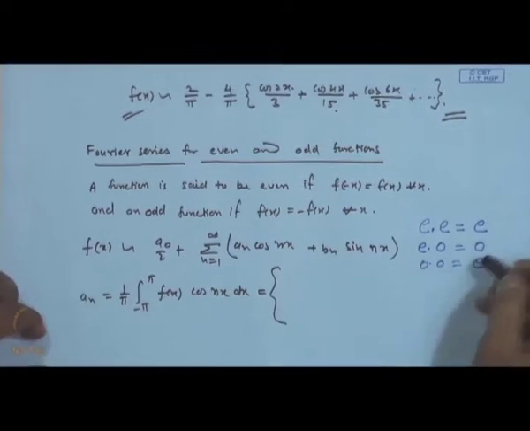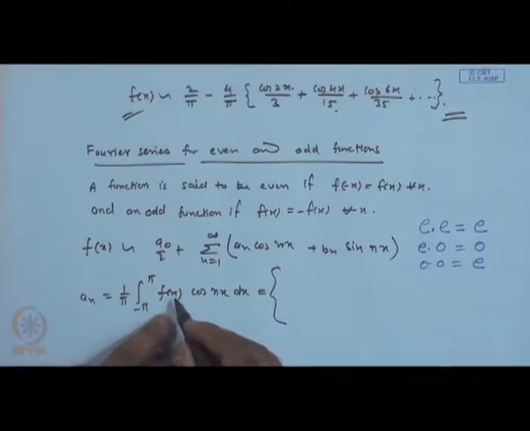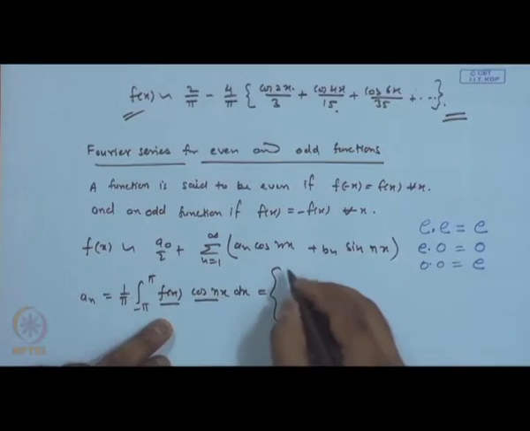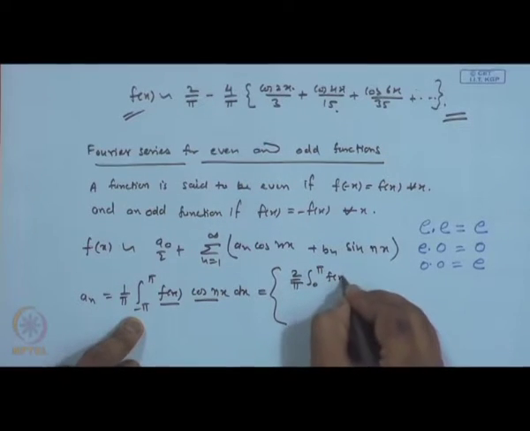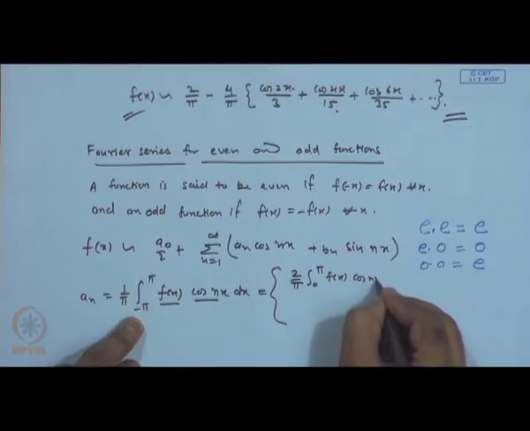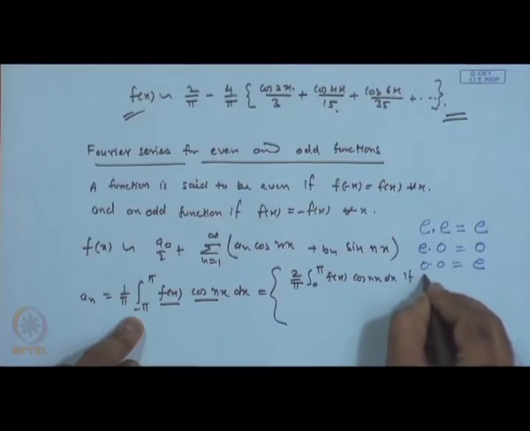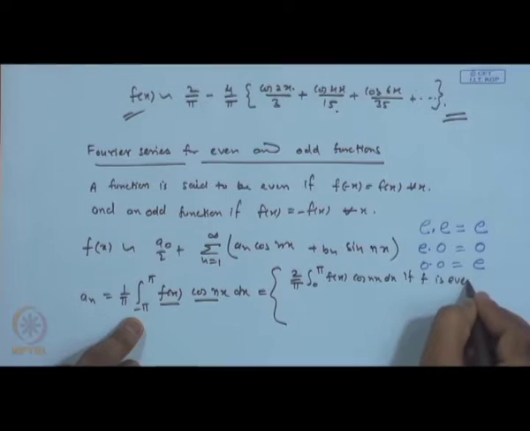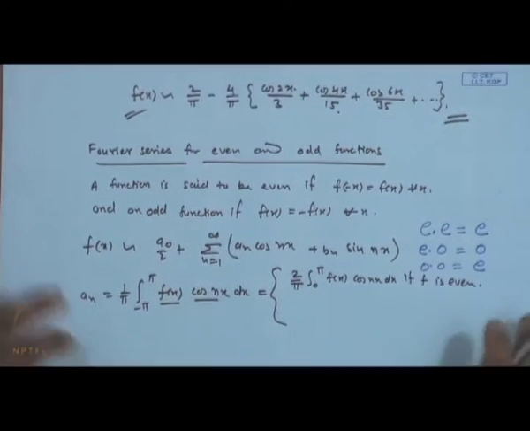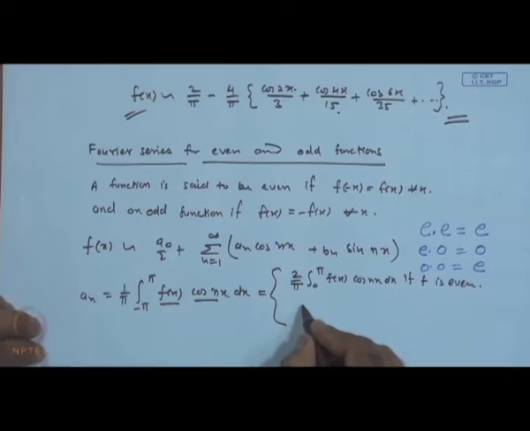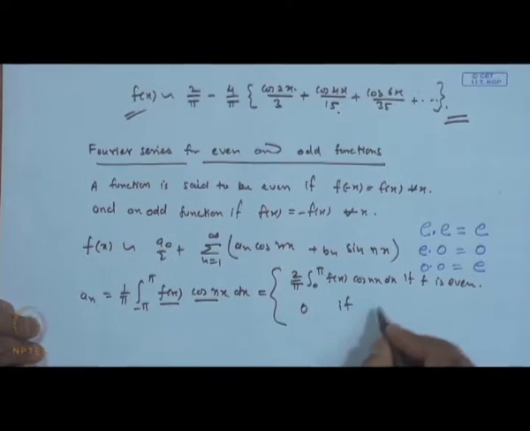So, with this consideration what we see here is that if f is even, then we have an even function. So, we have the integral value 2 over pi, and we can integrate simply 0 to pi, f x cos n x dx if f is even, and if f is odd, then this will be an odd function, and in that case this value will be 0.